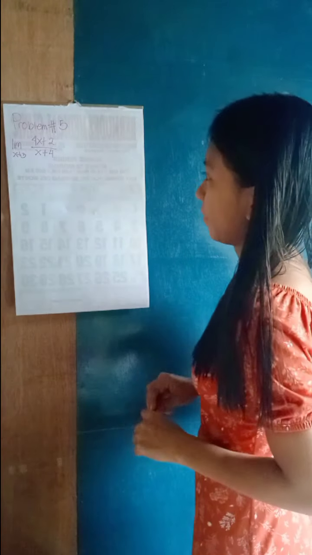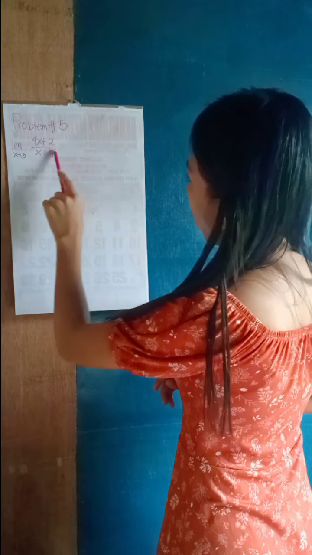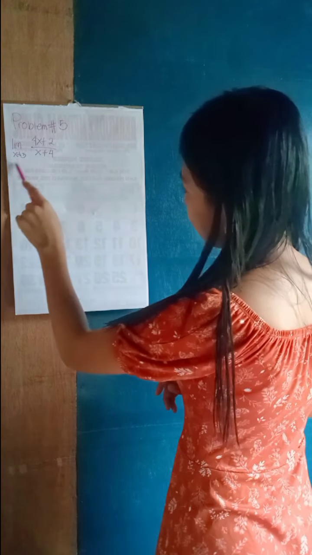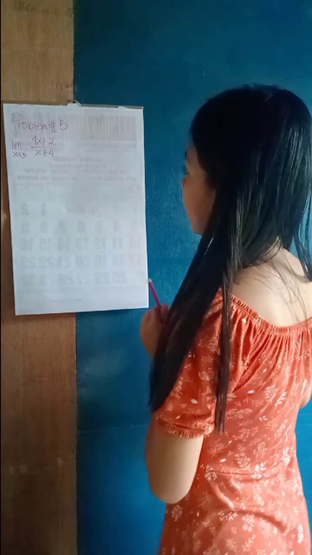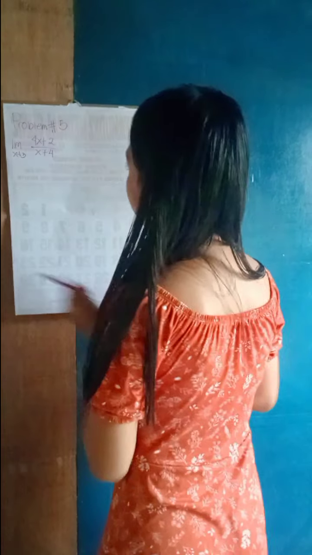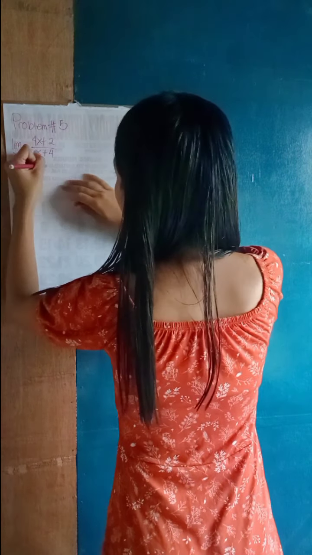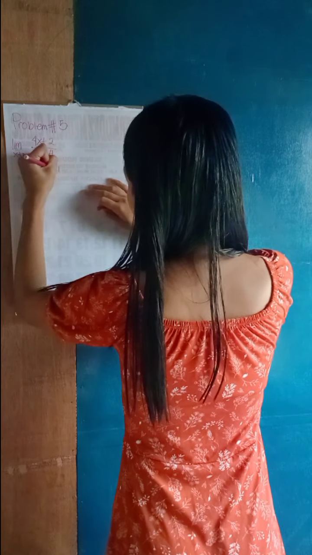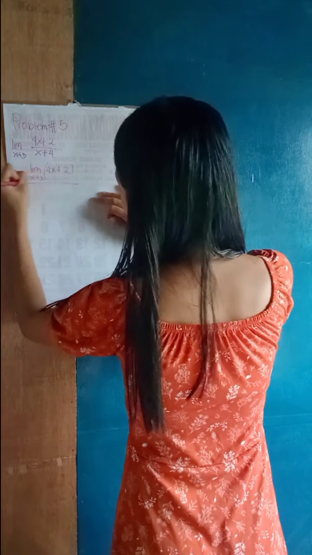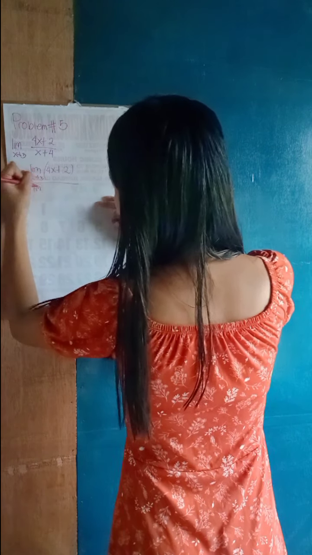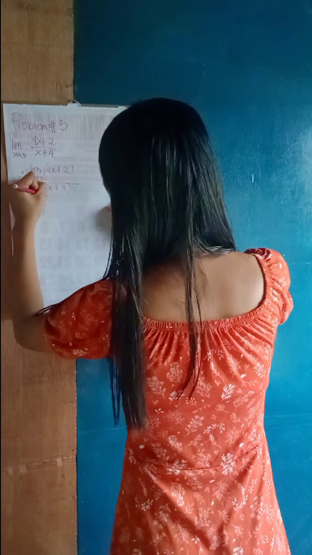Problem number 5. Limit 4x plus 2 over x plus 4 as x approaches 3. So in here, we're going to use limit number 6. So this will become limit 4x plus 2 as x approaches 3 over limit x plus 4 as x approaches 3.